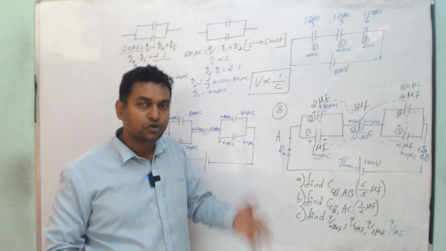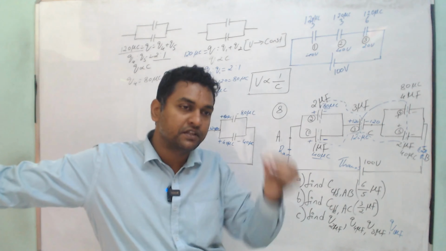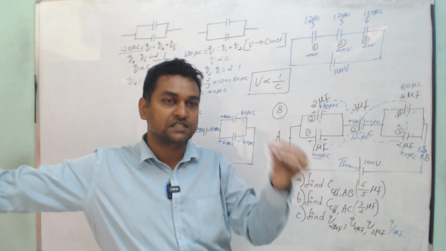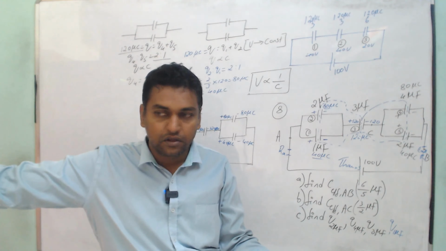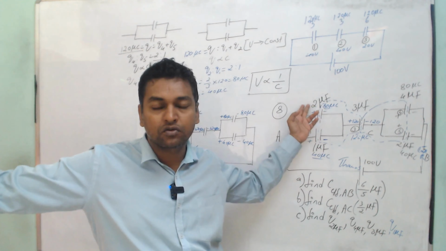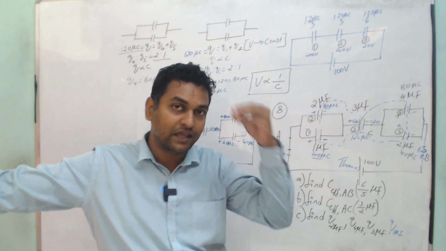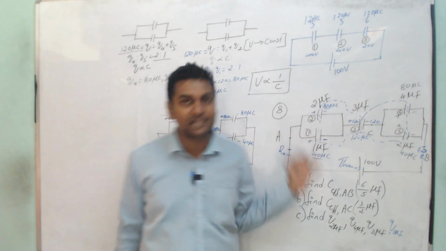Because the meaning of the English word capacitance is telling you how much charge can I hold. 1 microfarad, 2 microfarad implies that this fellow is twice as fat as this.